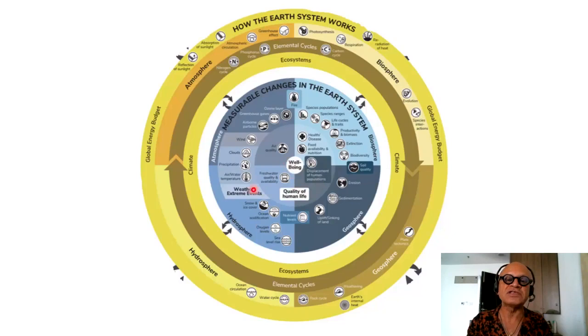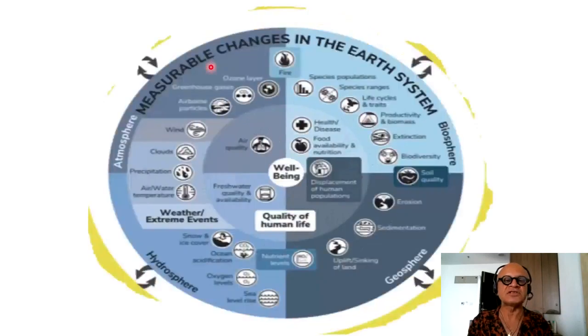Of course, there are other things like extreme weather, quality of human life, human health, wildfires, and soil quality, and so on and so forth. Right? So this is what we want to model, and we want to also model the feedbacks between the Earth system's components and human activities and the climate itself and the ecosystems. And these are again blowing up the measurable changes in the Earth system.